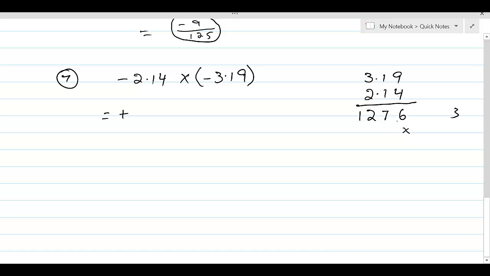As you know, in case of multiplication of integers, we always do. 1 times 9 is 9, and 1 times 1 is 1, and 1 times 3 is 3. And then we further leave one more space, and 2 times 9 is 18, and we carry 1. 2 times 1 is 2, and then 1 would be 3, and 2 times 3 would be 6.